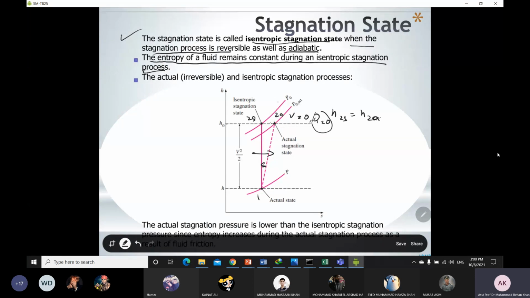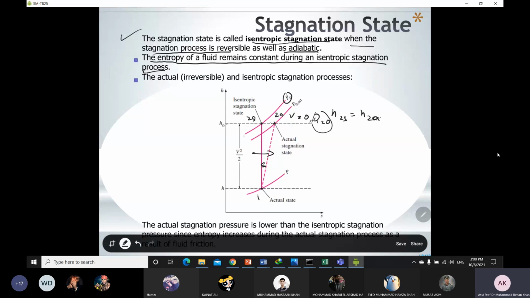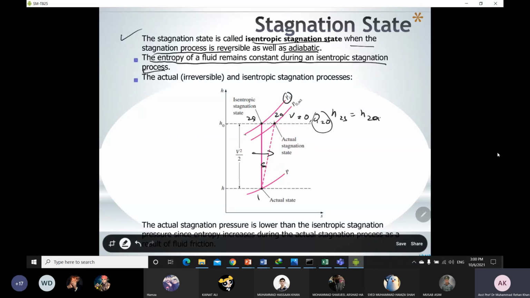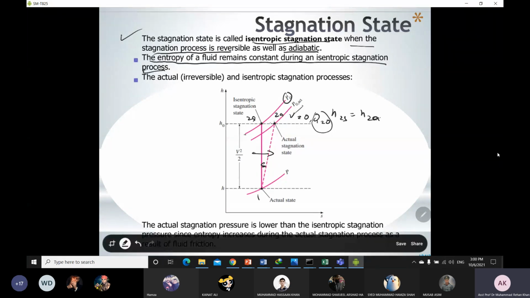But you can also notice there are two different pressure points. The pressure at the isentropic point is more in comparison to the pressure at the actual stagnation state. So why is there a difference between pressure for the actual and isentropic one?